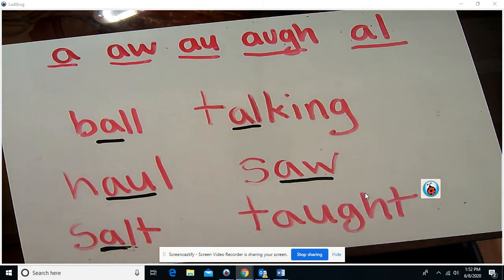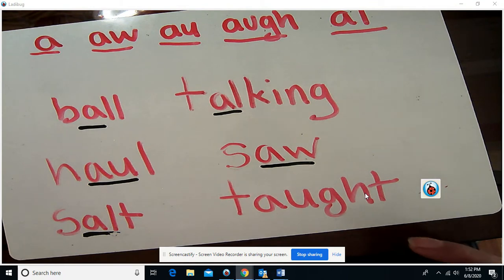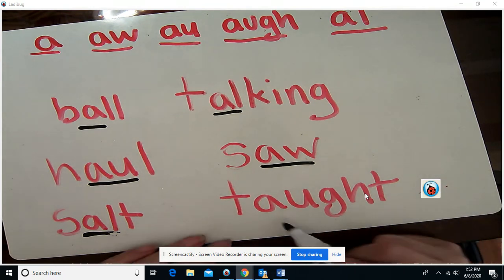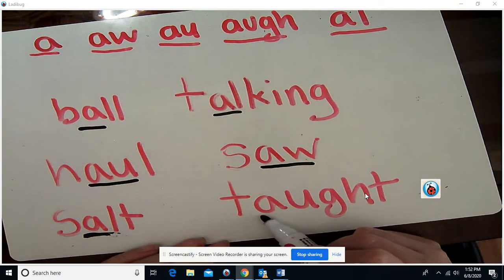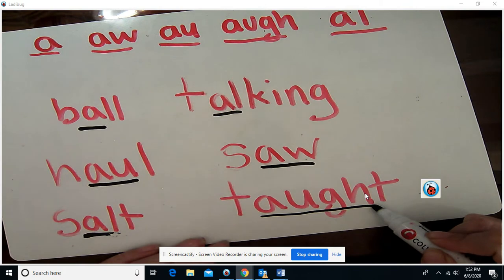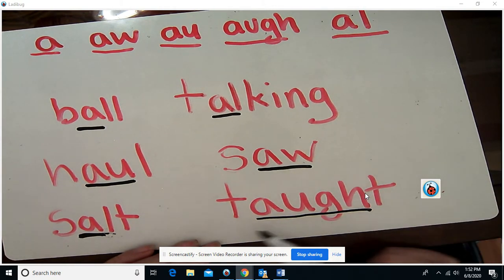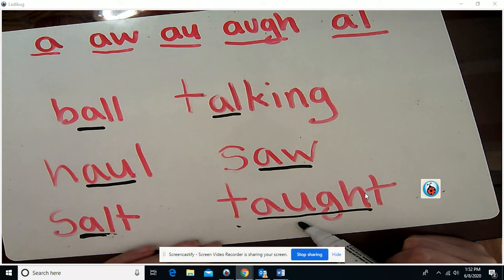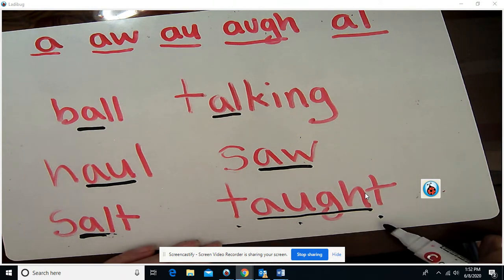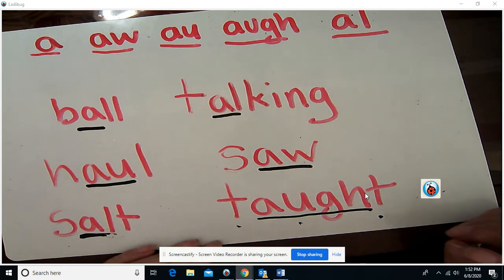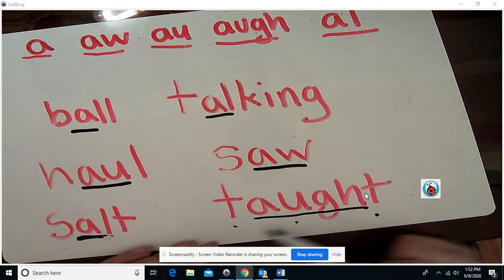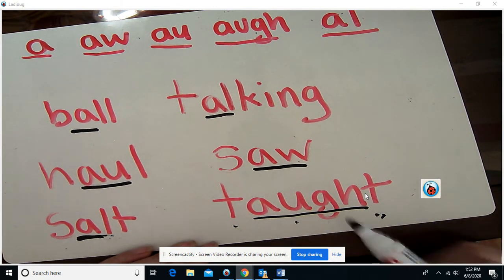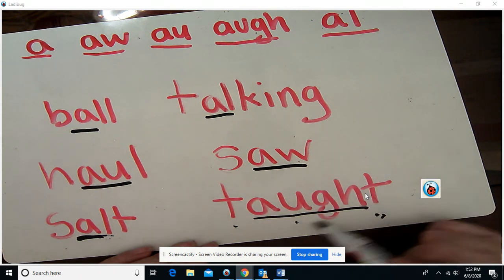If I were to just look at this, I'd be like, what does that say? But this doesn't have very many sounds because we know AUGH. So this whole part, AUGH, sounds like ah. So we have three sounds. T, ah, t, taught. T, ah, t, taught. Like, the teacher taught me how to add. Taught. All of this makes one sound and it's ah.